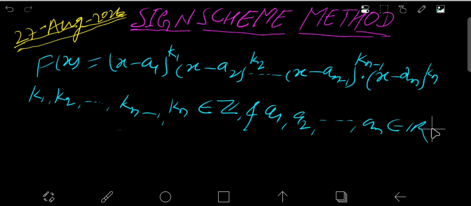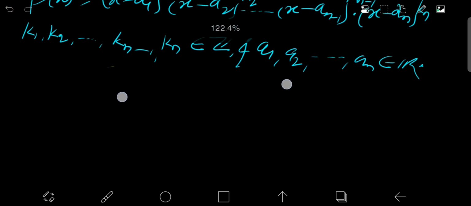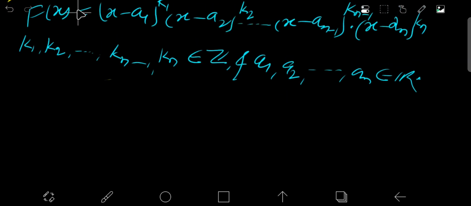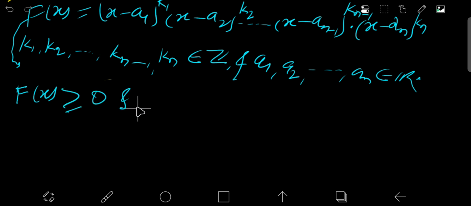Then how do we find the sign scheme? If this is the expression, first suppose f of x is greater than or equal to 0, and in another case suppose f of x is less than or equal to 0.